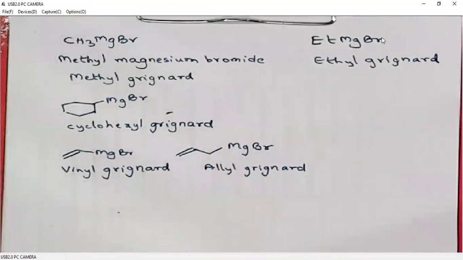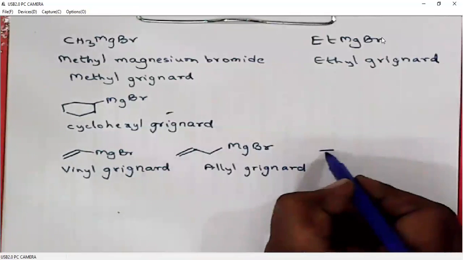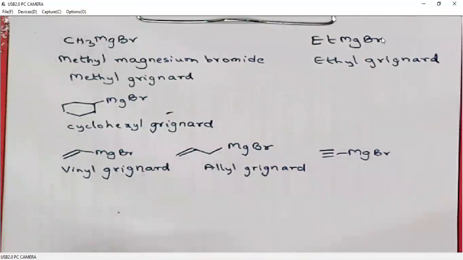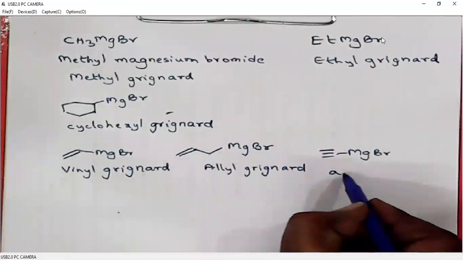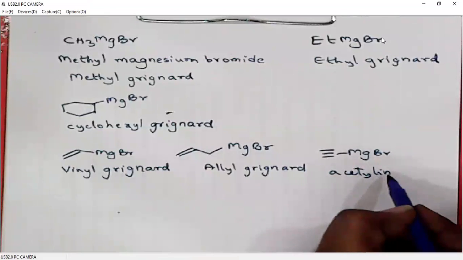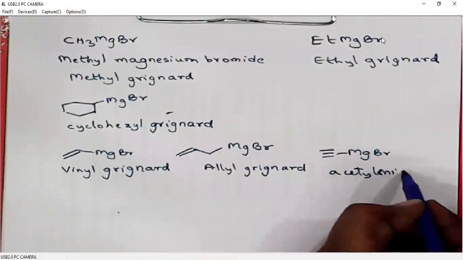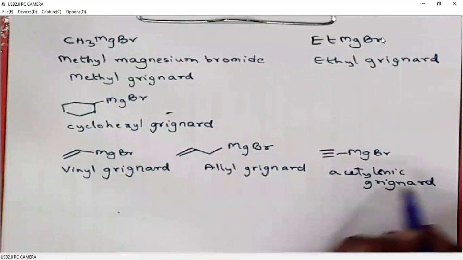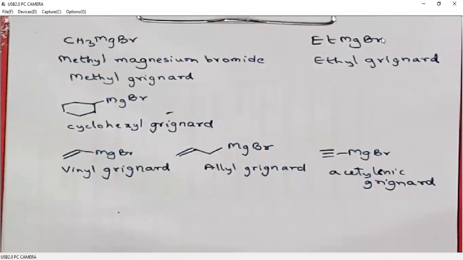If the Grignard reagent is on a triple bond, it is called acetylenic Grignard.